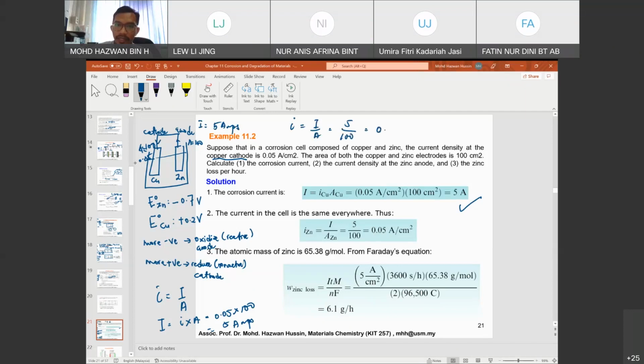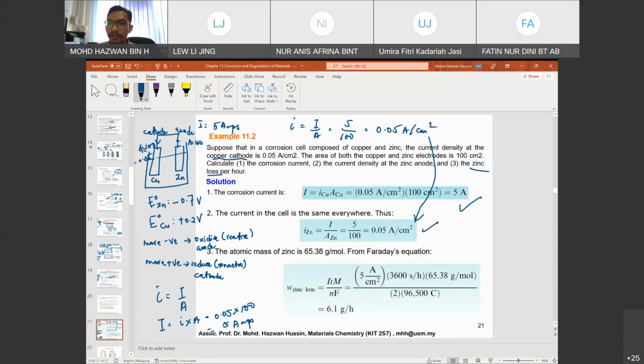Then you get, again, 0.05 amperes per centimeter square. So what does it mean? If you have a similar area, it will produce a similar current value for the cell, and the current density value will also be similar.